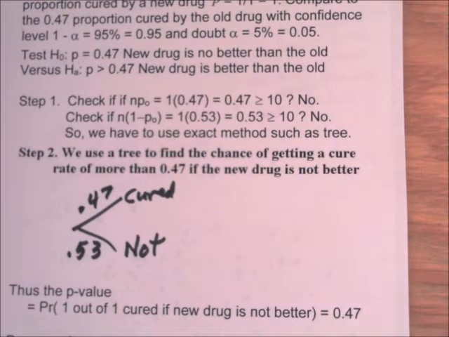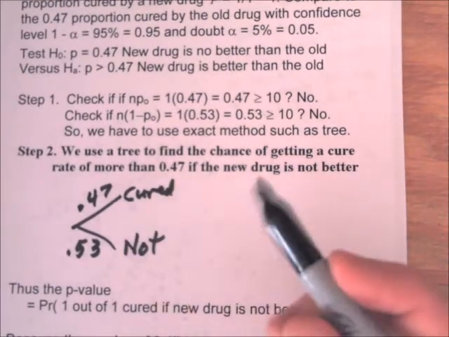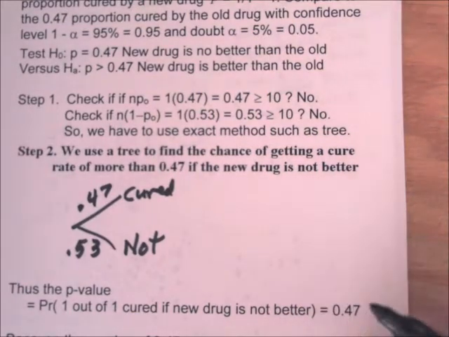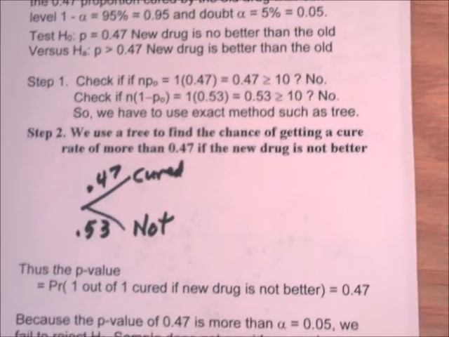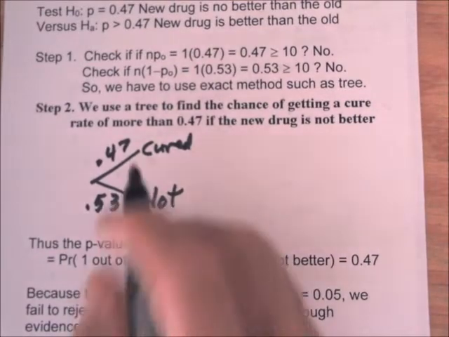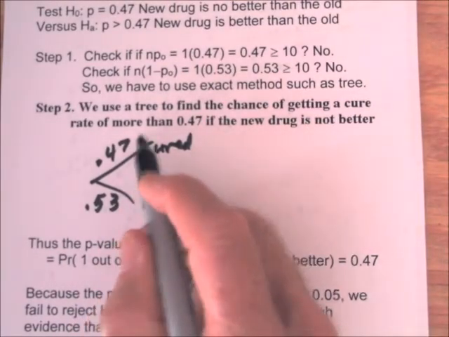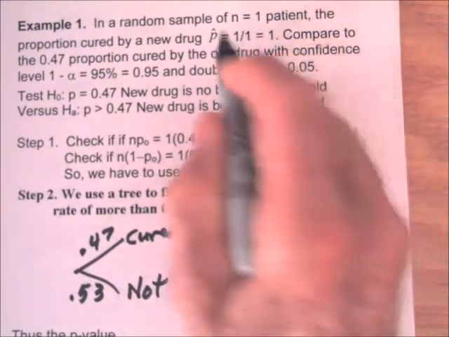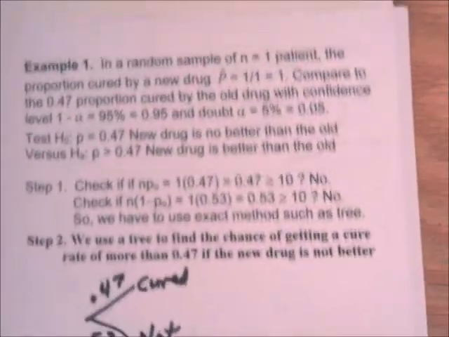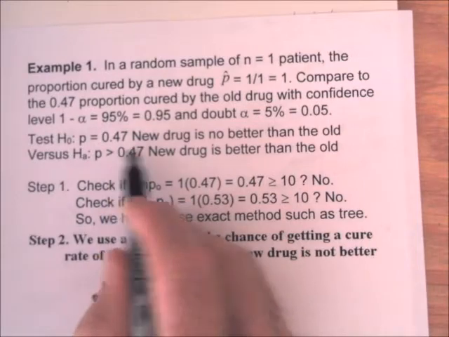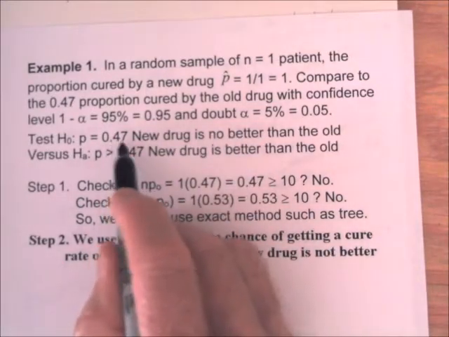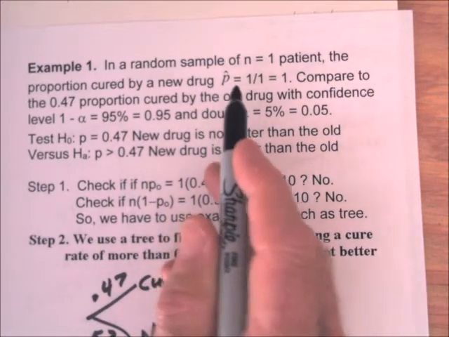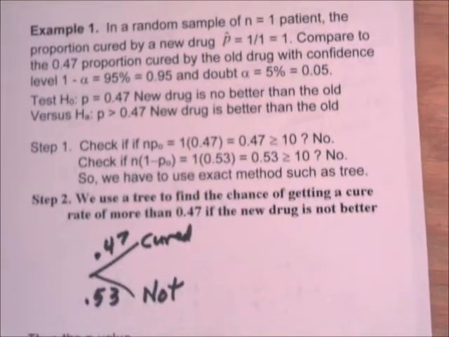So our p-value is going to be 0.47. This is the probability of getting a p-hat this big if H naught was true. So if H naught was true, even if the new drug is no better than the old, we still have a 47% chance of getting a patient that was cured.